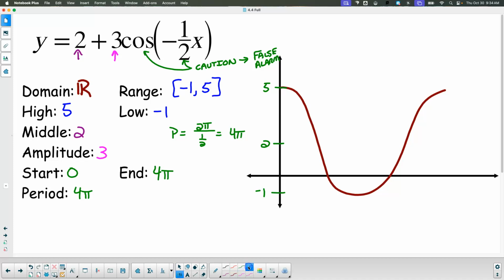Horizontally, we started at 0. We ended at 4 pi. Halfway was 2 pi. Halfway would be pi, and halfway would be 3 pi. And notice they are not where the wave intersects the x-axis, because we're not at that point. Okay?